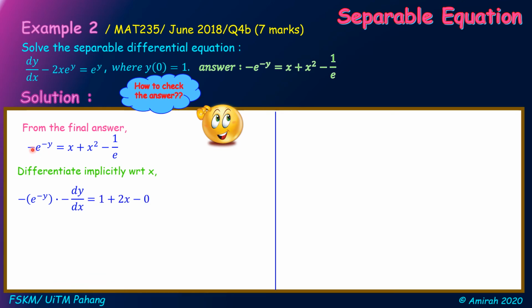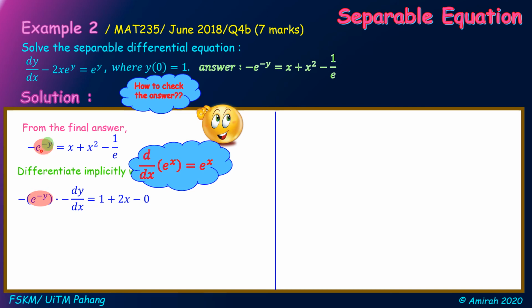When we differentiate, we still put the negative sign in front here. To differentiate e to the power of negative y, we can refer to the derivative of e to the power of x. We will get back e to the power of x. So when we differentiate e to the power of negative y, we get back e to the power of negative y. But after that, we need to differentiate the exponent.